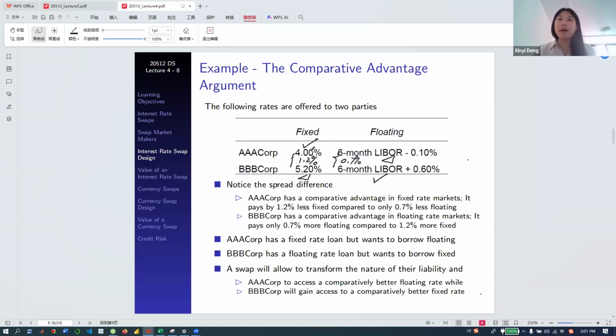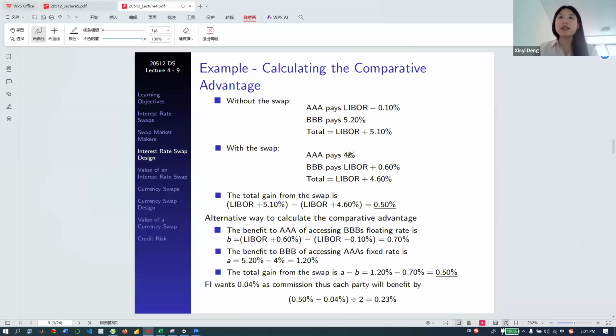Now let's calculate the total borrowing cost of the two parties when they enter the markets where they have comparative advantage first. So basically, the 4% and the 6 months LIBOR plus 0.6%. If we add 4% with LIBOR plus 0.6%, that's going to be LIBOR plus 4.6%.